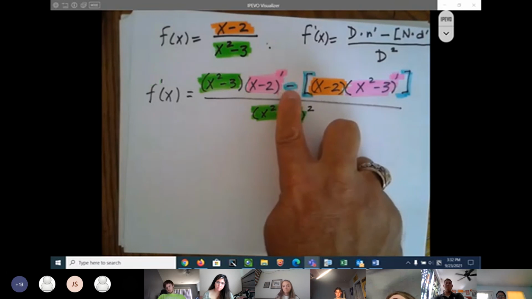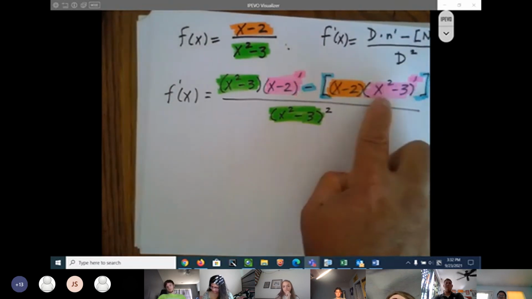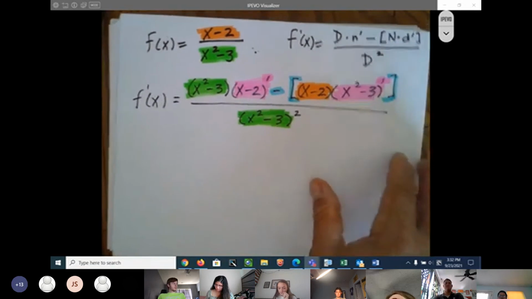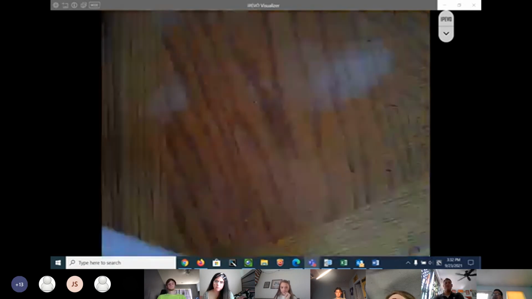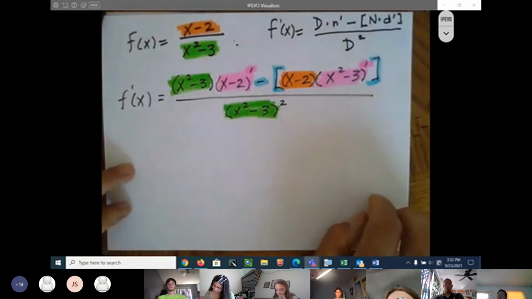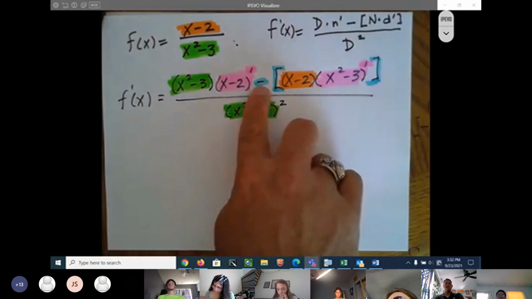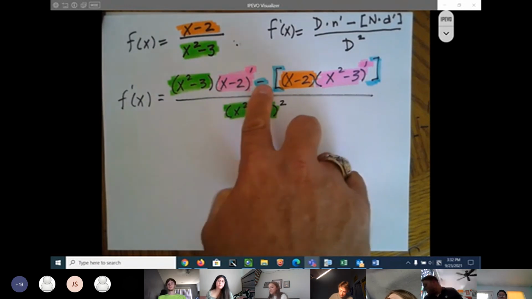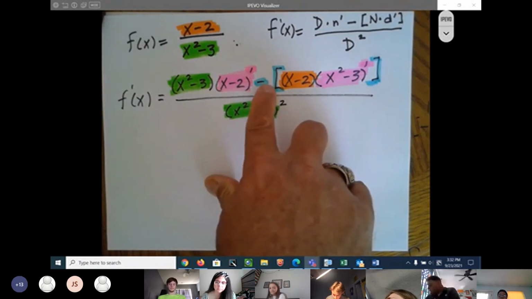Because that negative will be distributed among these terms when you get finished. And if you don't distribute it correctly, will you get the problem wrong? Yes. So that blue negative right there will make a difference.